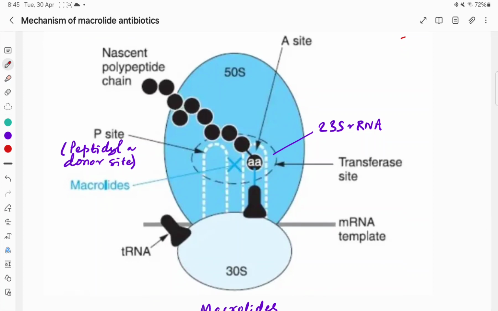Macrolide antibiotics bind to the 50S subunit of ribosomes.